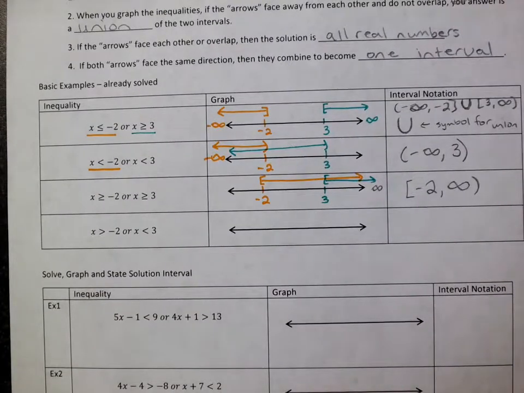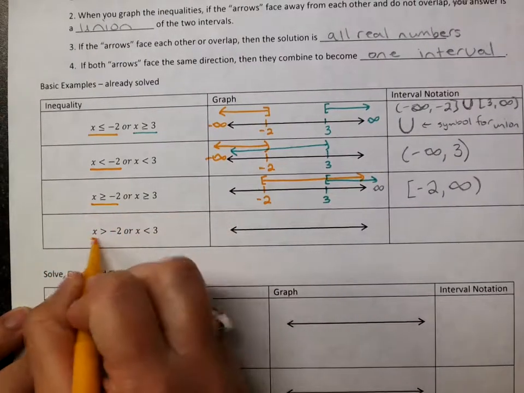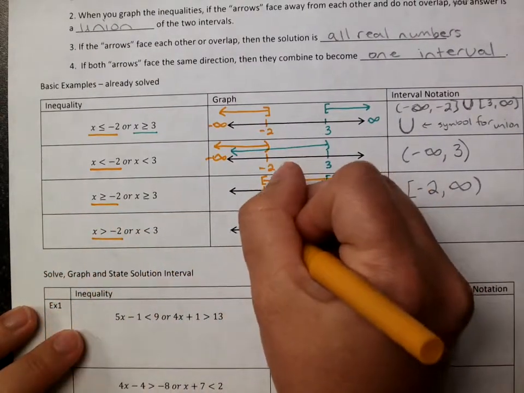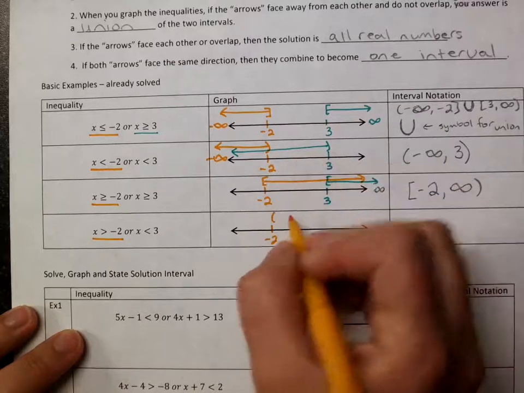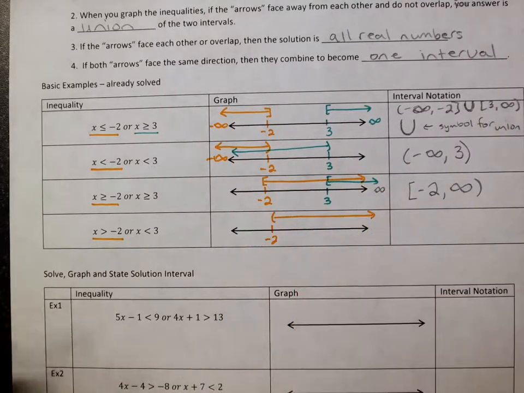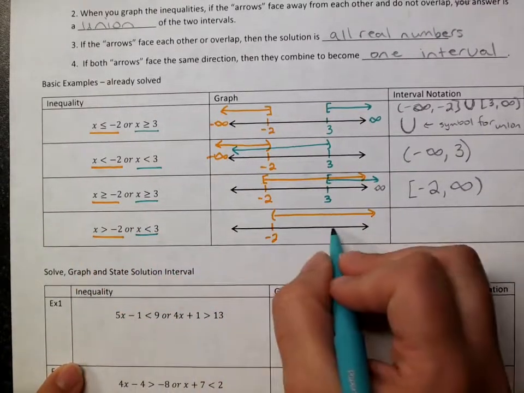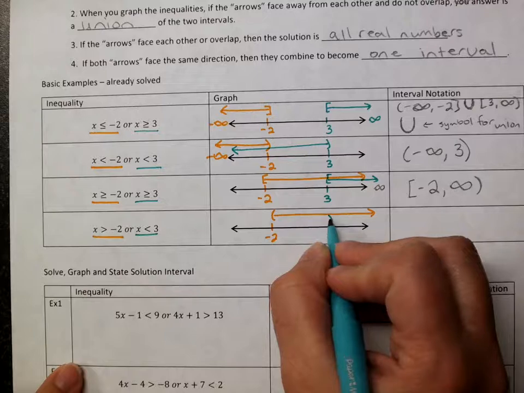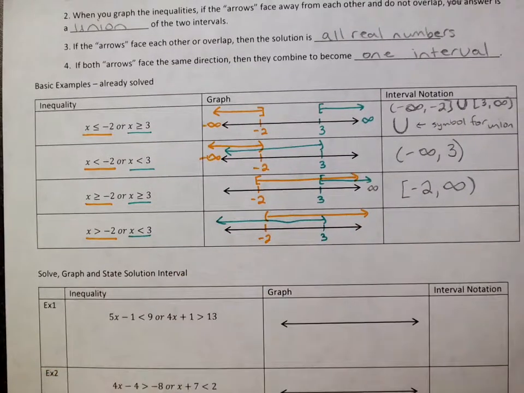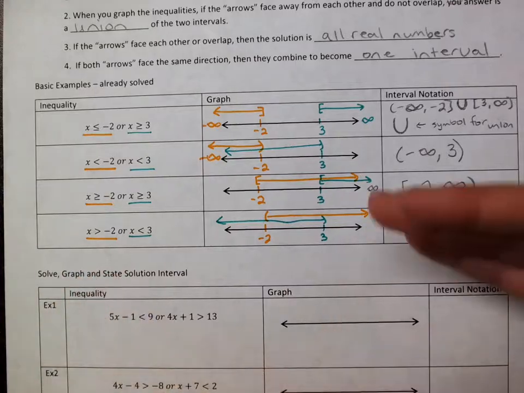Alright, let's look at the last option here. X is greater than -2. So greater than goes this way. Or x is less than 3. Less than 3 goes this way. So they're facing each other and they overlap.